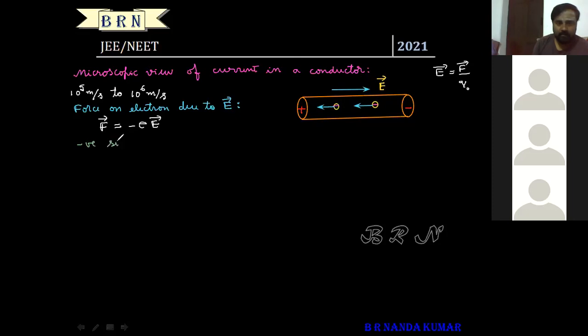So the negative sign is there. What is the significance of the negative sign? Opposite direction. The negative sign indicates that electrons are moving opposite to the direction of the applied electric field.